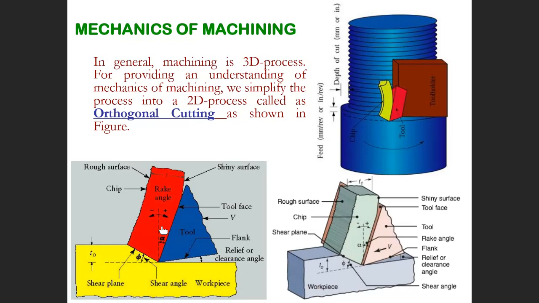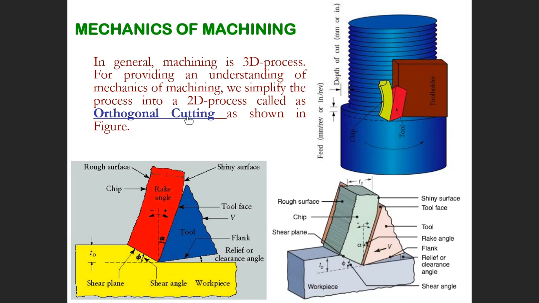Why 2 dimensions? To make it easy, to make it simple. Because finally, what you get is an approximation. Whatever analysis you do, you get an approximation of the solution.